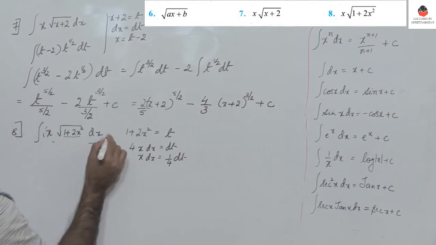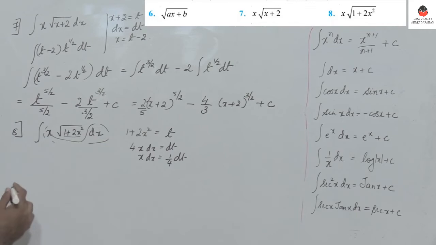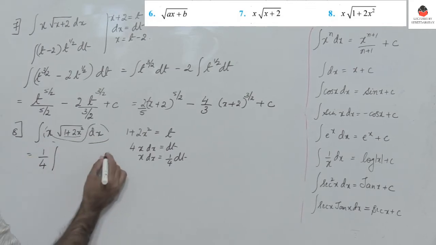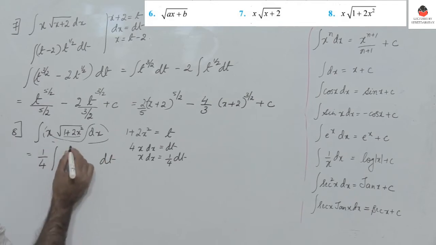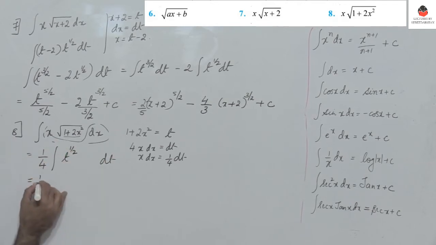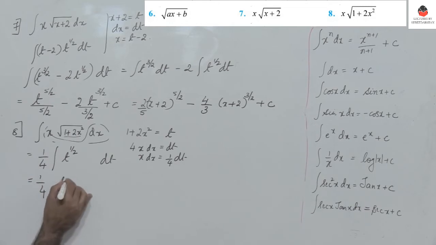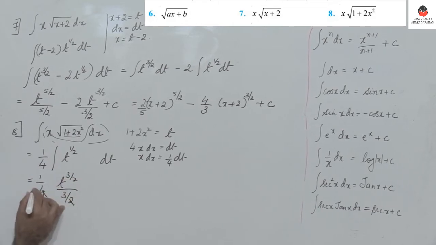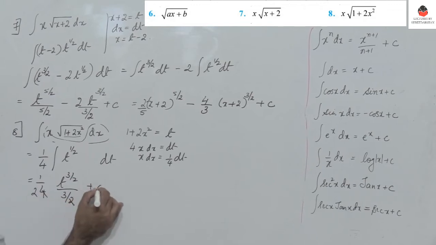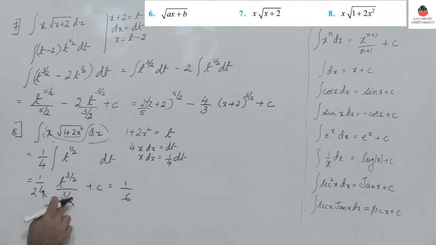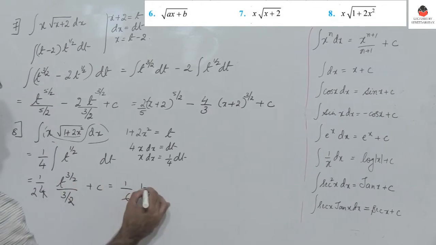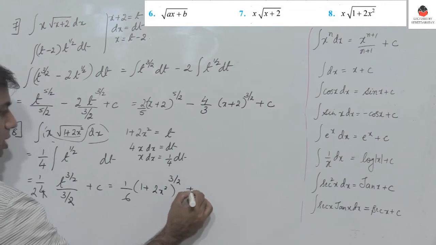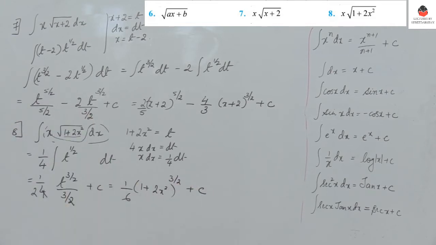So x dx, you're going to substitute it as 1 by 4 dt, and this is t, so t power half. So you have 1 by 4, so this is t power 3 by 2 divided by 3 by 2, so 2 2s are plus c. So this is 1 by 6, 2 into 3 is 6, t is 1 plus 2x square whole power 3 by 2 plus c. So this is the answer.